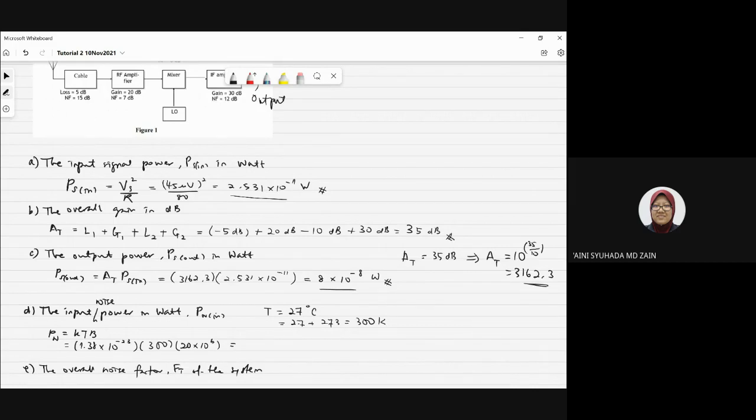So what will you get for this? Okay, so the value in watt, 8.28.